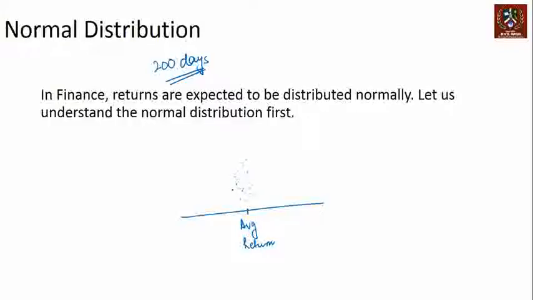Then there will be some days when it will be significantly below the average return, and there will be some days where it will be significantly above the average return, right? But most of the days, this would be around the average. If you draw a plot of this, it should appear like this, right? Which is a sort of a curve that's again inverted. It's like a bell-shaped curve, and it would be symmetrical in nature.